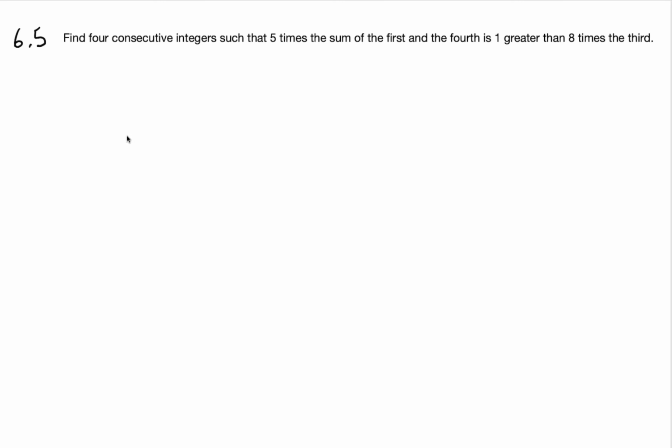Find 4 consecutive integers. All right, find 4 consecutive integers. So that's going to be first one, second one, third one, and fourth one. It's going to be n. They're consecutive, so n plus 1, n plus 2, and n plus 3, right?